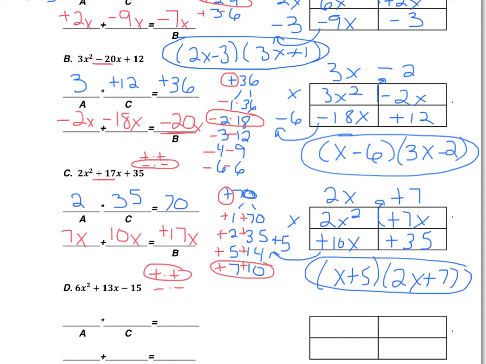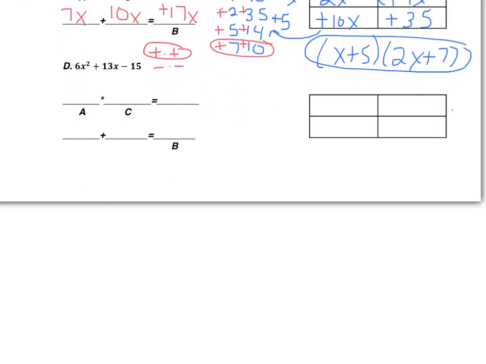Let's take a look at letter D. So we're going to take A, which is 6, and C, which is negative 15, and we get negative 90. So the factors of negative 90 are 1 and 90, 2 and 45, 3 and 30, 5 and 18, 6 and 15, 9 and 10.